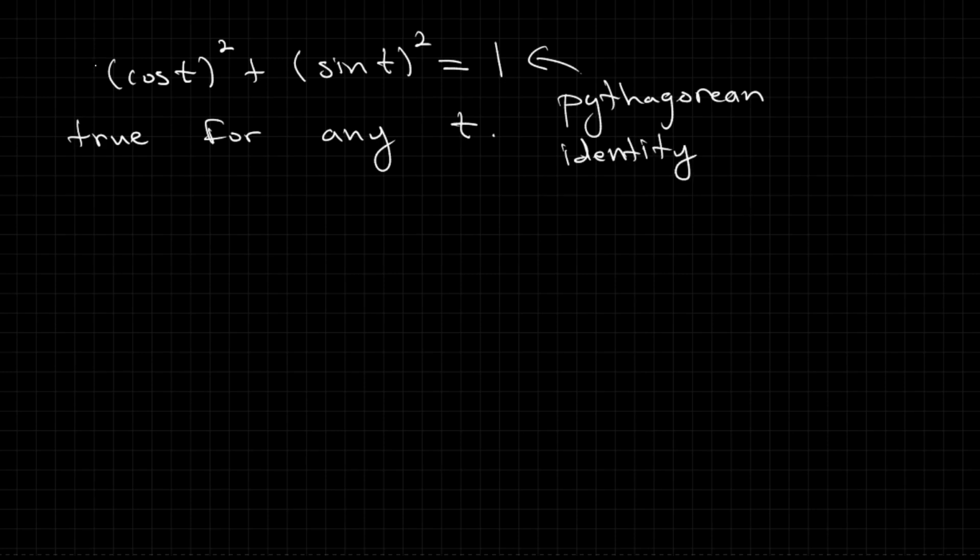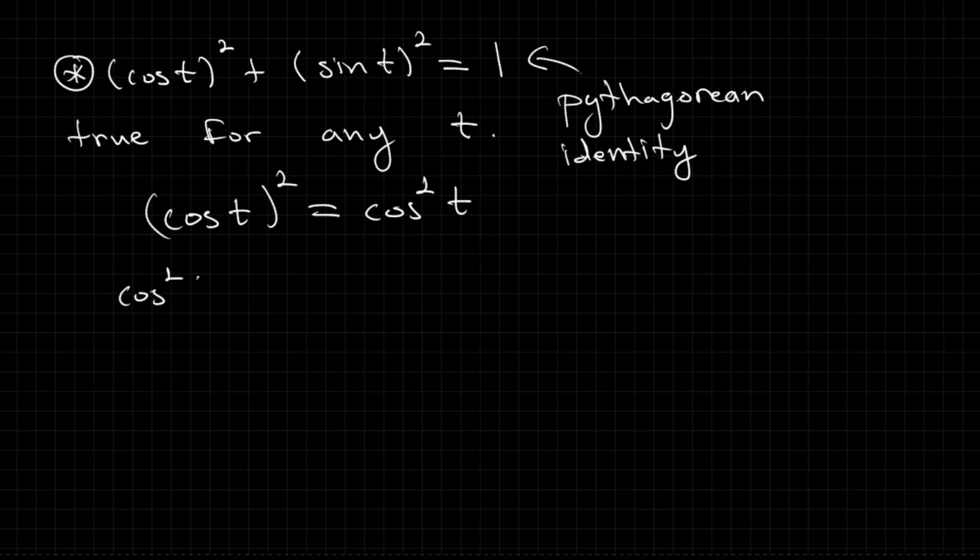Typically, it's not written in this form that I've marked star. We have a shorthand for writing cosine of t all squared and sine of t all squared. So the shorthand is that cosine of t squared is the same thing as cosine squared t. And similarly with sine of t squared, that's sine squared t. And so the Pythagorean identity is usually written as cosine squared t + sine squared t = 1.